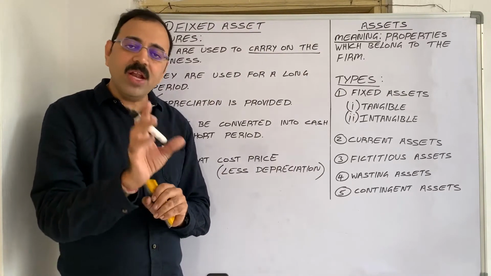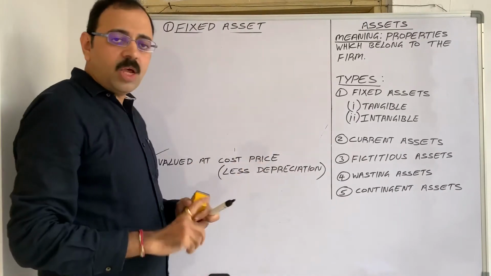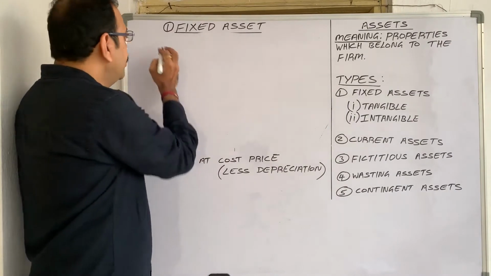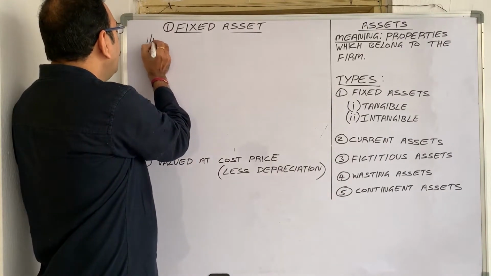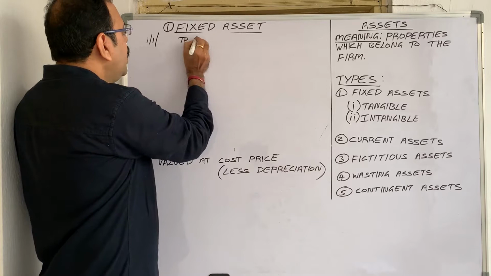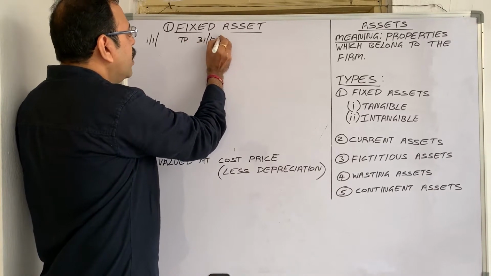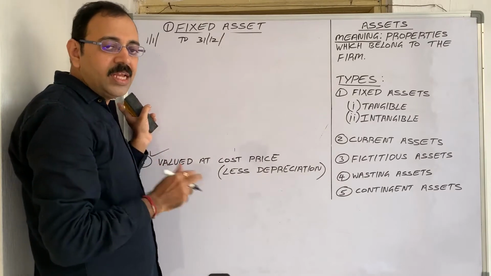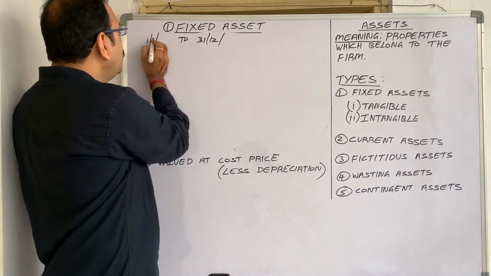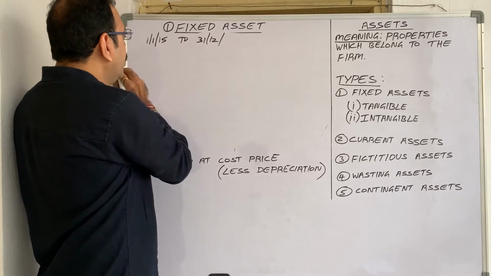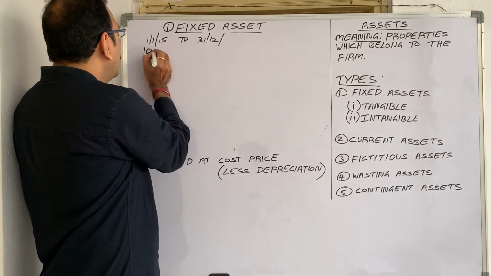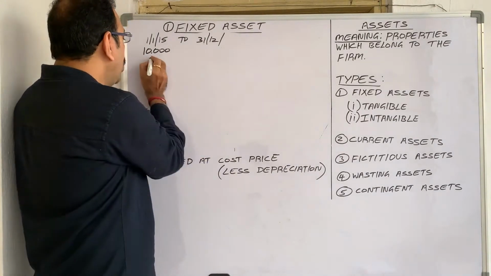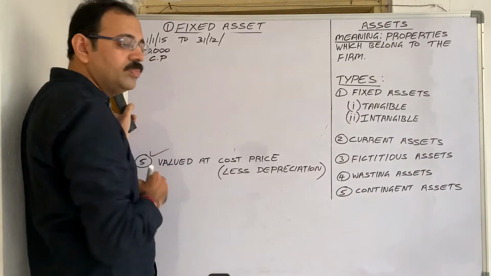I will explain with one example. Suppose a firm which is following the calendar year, that is 1st January to 31st December as their accounting year, purchased one asset, that is machinery, on 1st January 2015 for 10,000 rupees. So this 10,000 rupees is known as cost price, no?